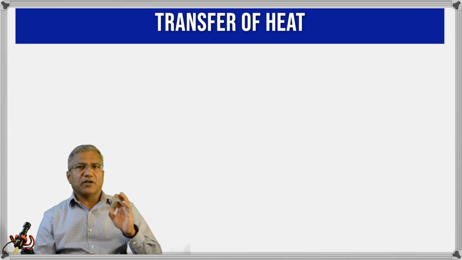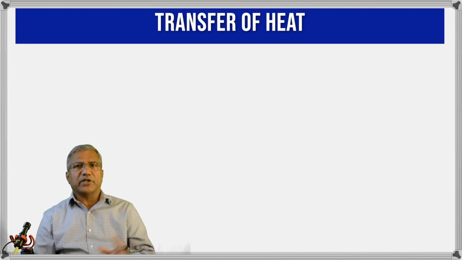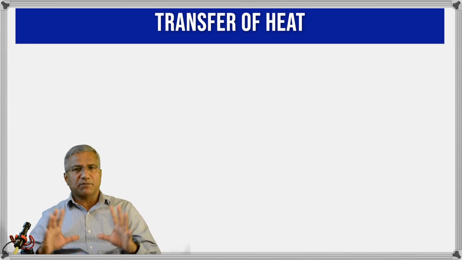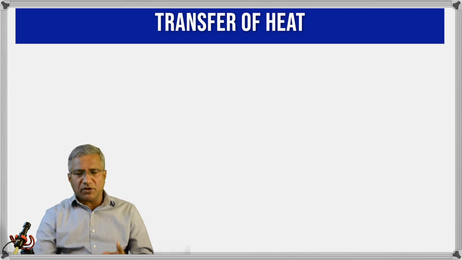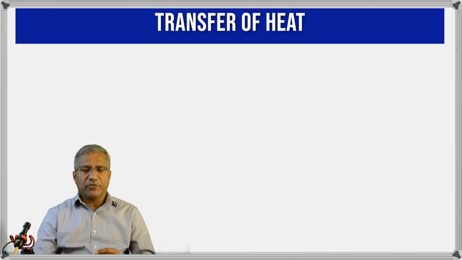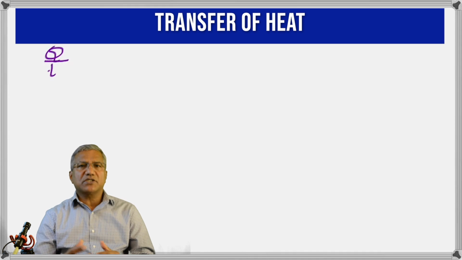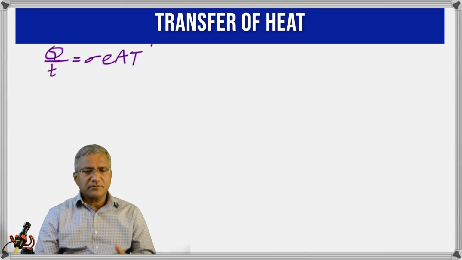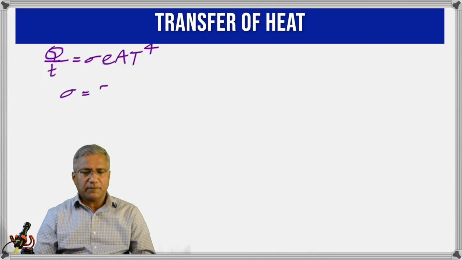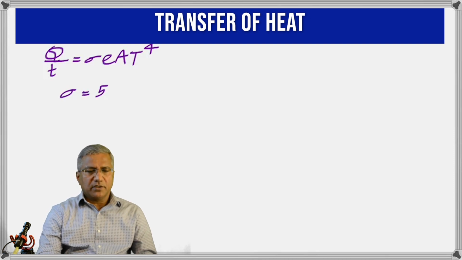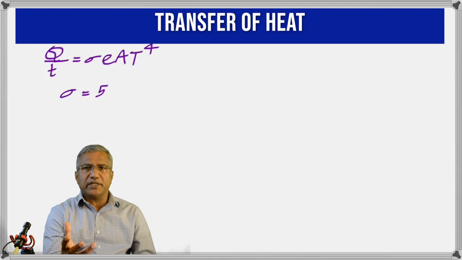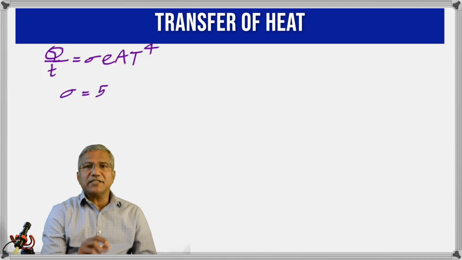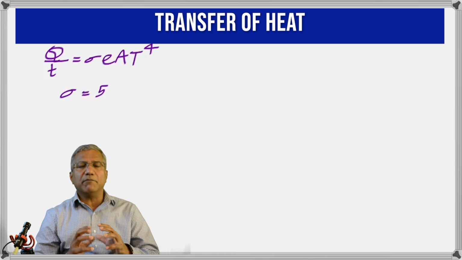So to say that a white polished surface does not radiate heat at all, while a black surface radiates maximum heat. So you will see all that coming up in this formula, where again Q is the heat radiated in T seconds. So you have that formula right there. And here Q is the quantity of heat radiated in T seconds, like I said. E is emissivity or emissive power.